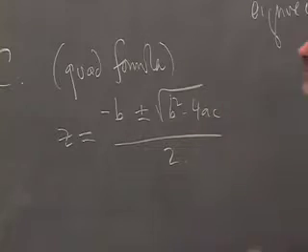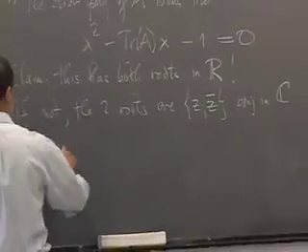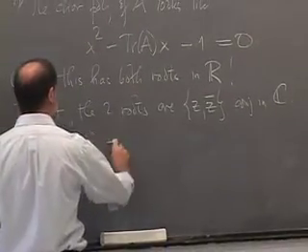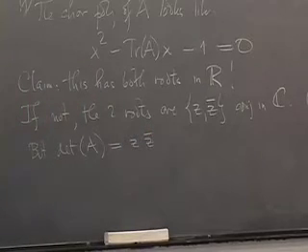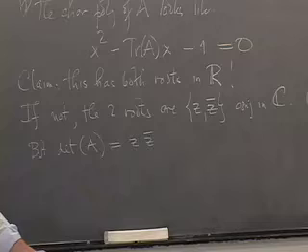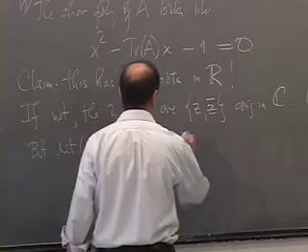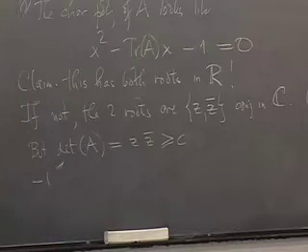Okay? Now, the determinant would be the product of the two roots. So it would be z times z bar. And what do we know about the product of a complex number by its conjugate? It's positive. Good. But on the other hand, the determinant of A was assumed to be minus 1.